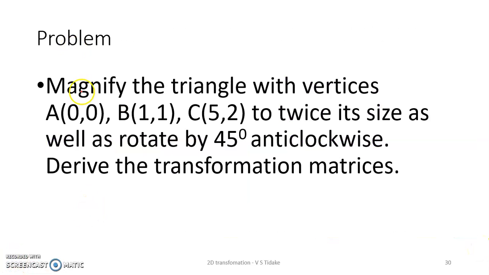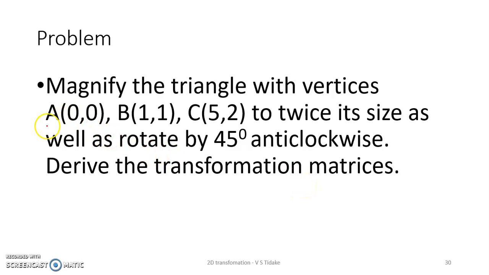One example. Suppose we want to magnify the triangle with vertices A (0,0), B (1,1) and C (5,2) to twice its size as well as rotate by 45 degrees anticlockwise. Derive the transformation matrices.